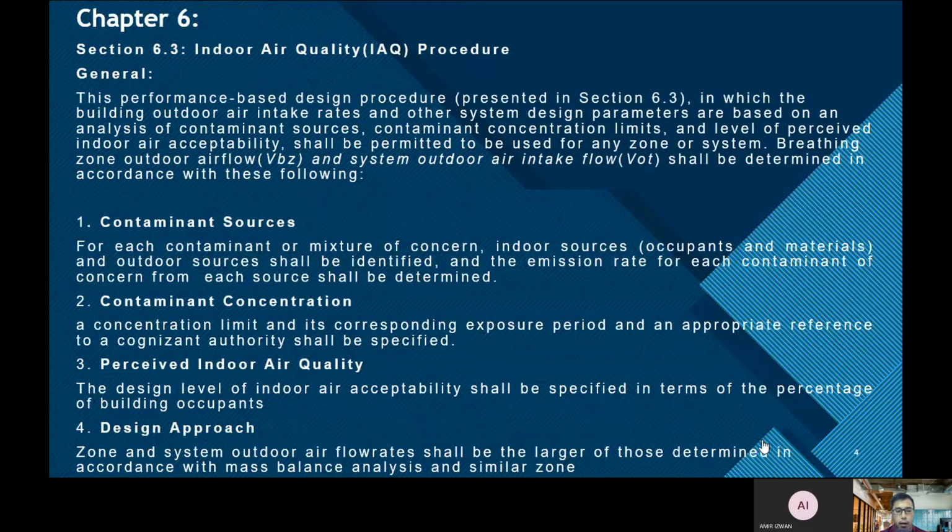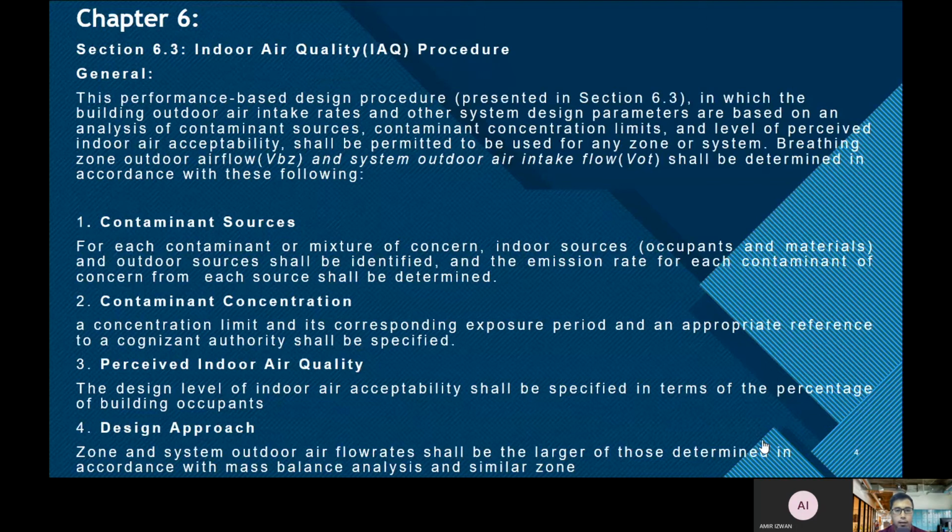Perceived indoor air quality: the design level of indoor air acceptability shall be specified in terms of building occupants. Design approach: zone and system outdoor airflow rate shall be the larger of those determined in accordance with mass balance analysis and similar zone.